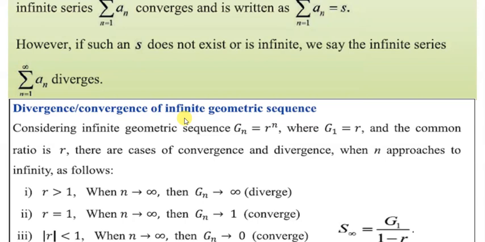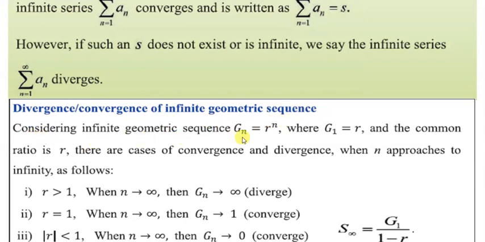But there are cases in which a geometric series can either converge to a single number or diverge. Now let us see the divergence and convergence of an infinite geometric sequence.